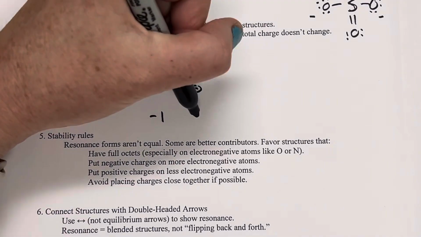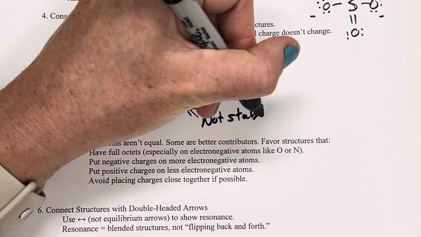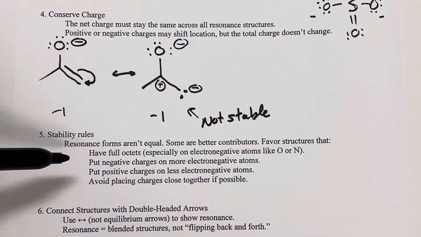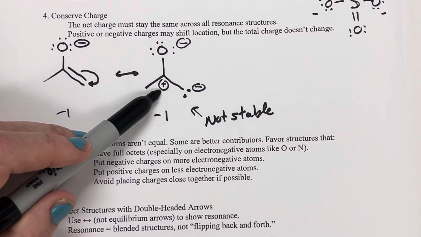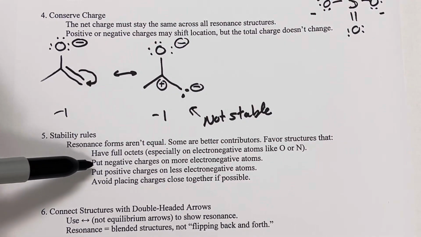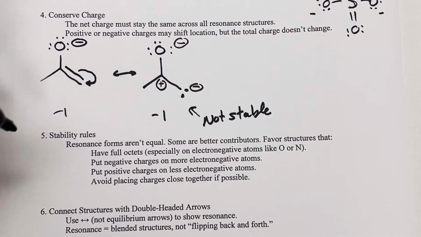All right, so this thing is not stable, and I know it's not stable for a variety of reasons. One, it has almost full octets, except for this one, which is now a deficient octet. The negative charge needs to go on the more electronegative atom. So here, this is okay. This is good.